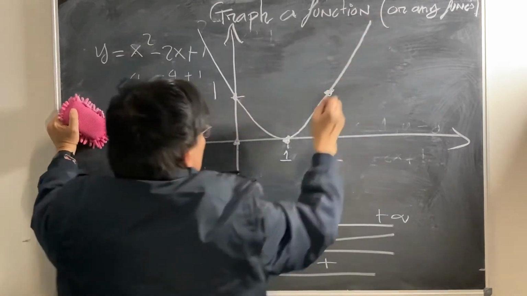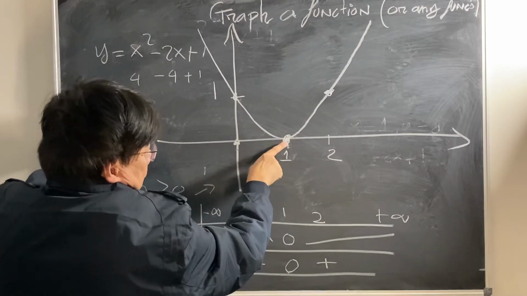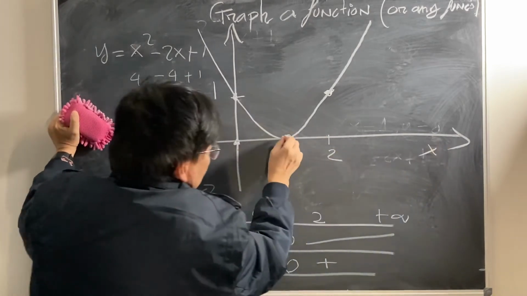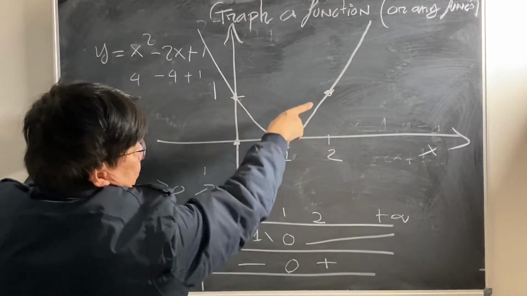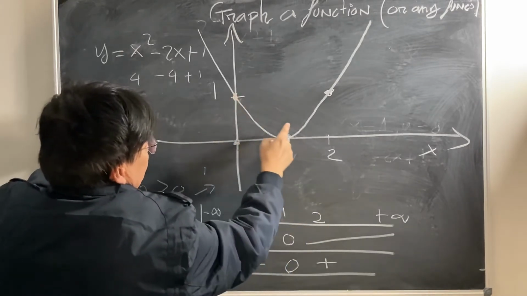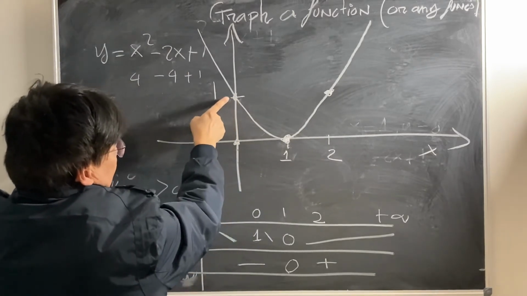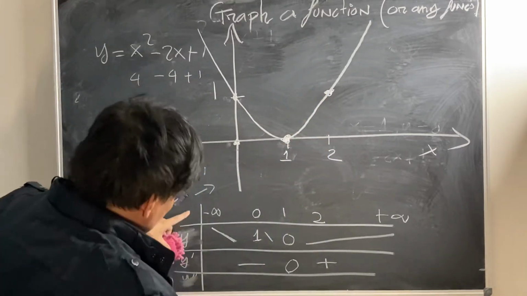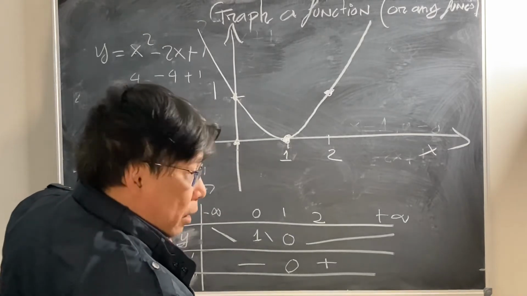This is the parabola. Since it touches the x-axis, this point is called the double root of the function. Okay, so we're done. When we use this table, you can draw any graph, any function.